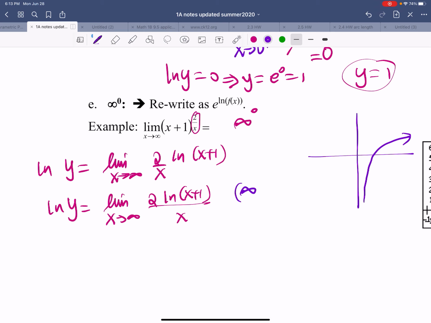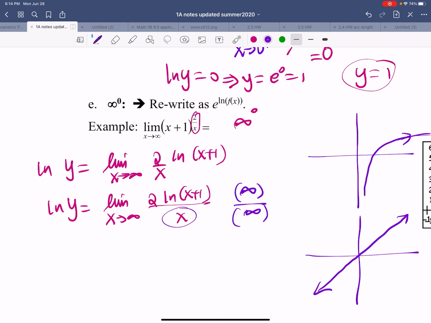Natural log of x also goes to infinity because the y values are getting very, very large. And x also goes to infinity: y equals x is a line passing through the origin with slope 1. So when x goes to infinity, this function y equals x also goes to infinity. So this is infinity over infinity form.